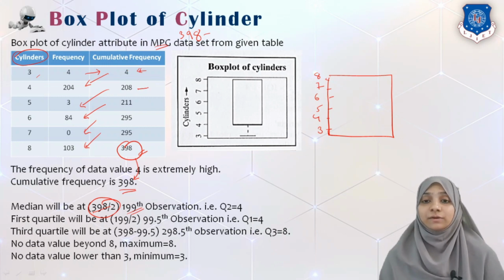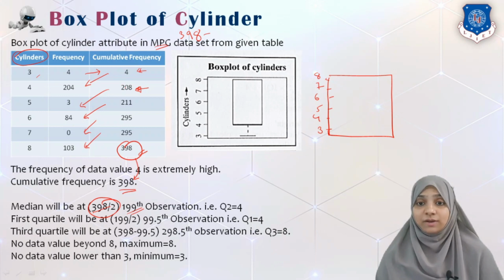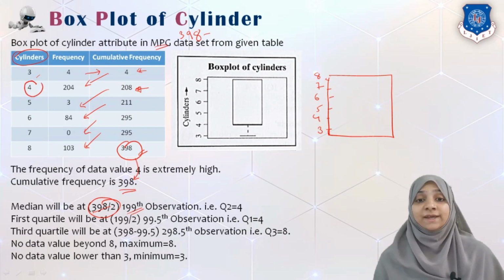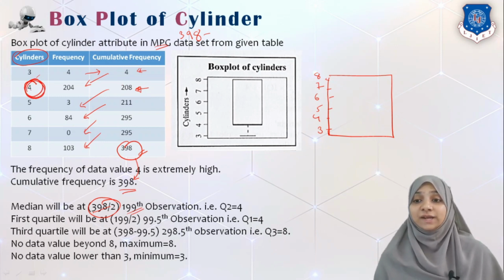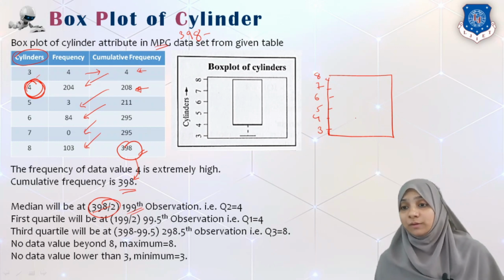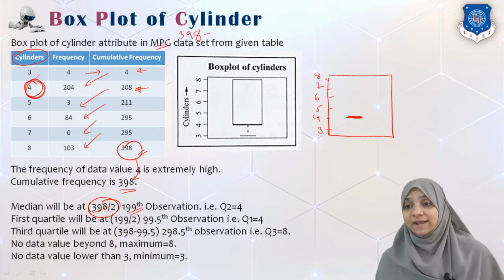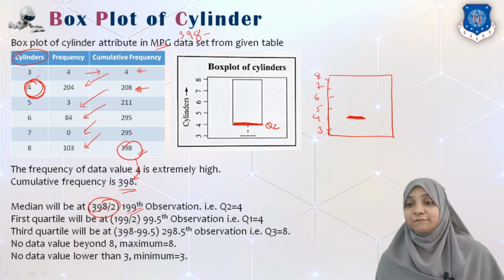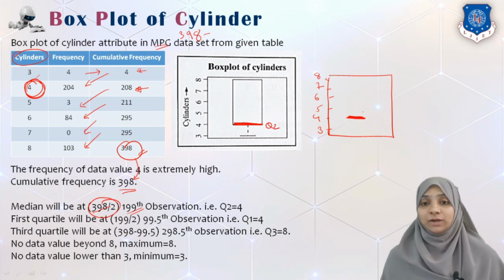No, obviously not. Do we have the 199th entry in the 208th record? Yes, of course, because 199 is lesser than 208. So at the 199th record, what will be the value of cylinder? It will be 4. So I will plot this value with a dark line. I don't know if you are able to see it or not, but this dark line is giving me quartile 2.